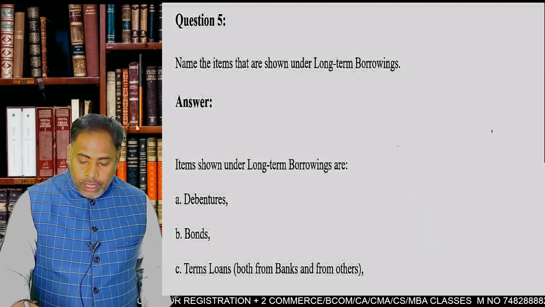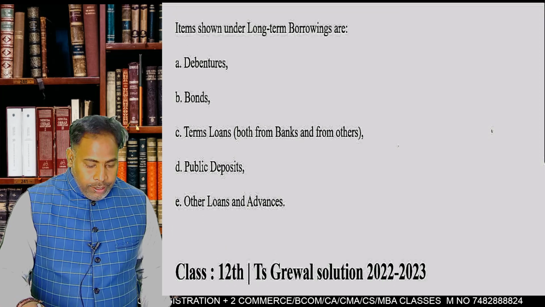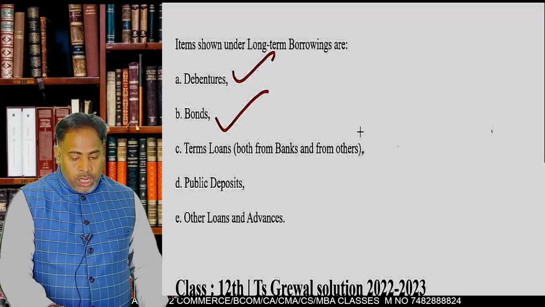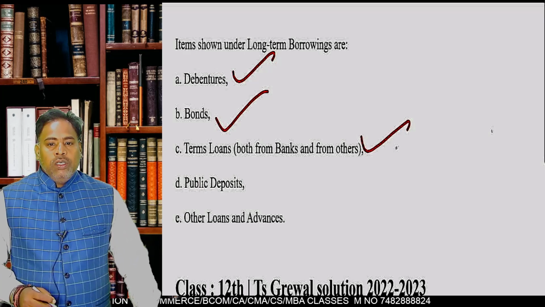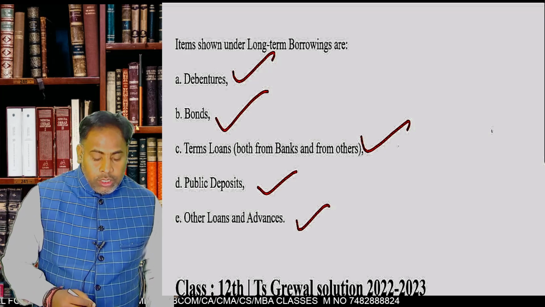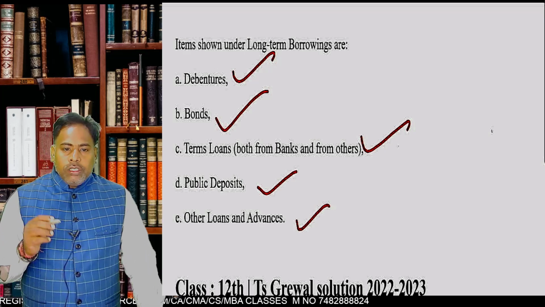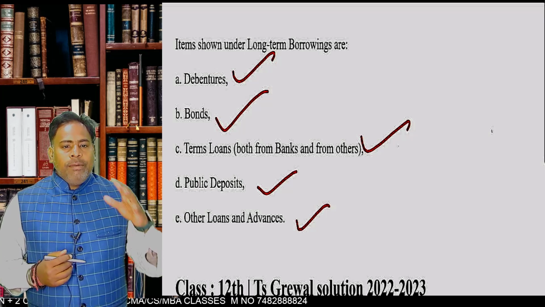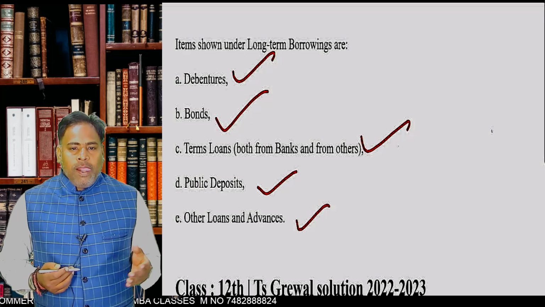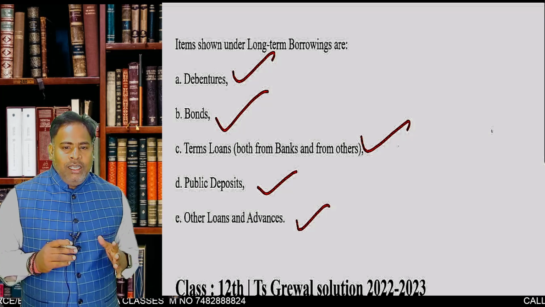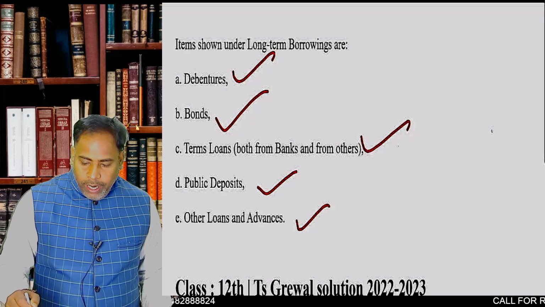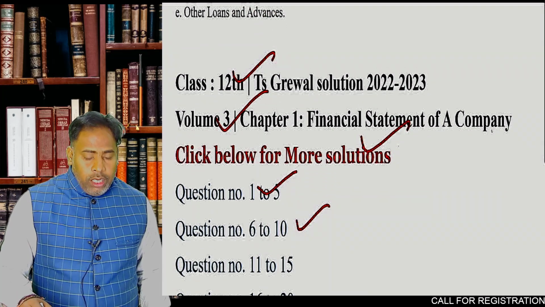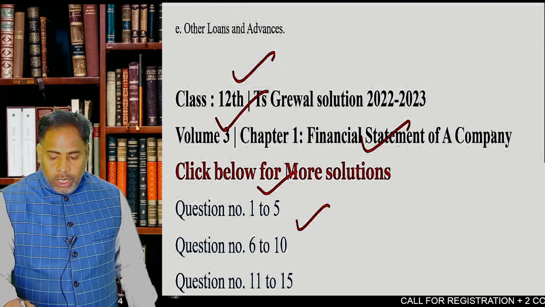The items under long-term borrowing are debenture, bond, long-term loan, public deposit, and other loans and advances. So generally it will take the company more than 1 year to pay all the debt. I have already explained what debenture and bond are. If you have not seen that, then please go through my videos. Then, as I told you, this is the T.S. Grewal book, all the solutions for 2022-23.